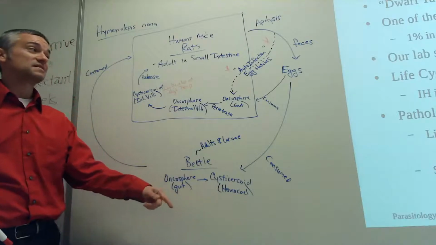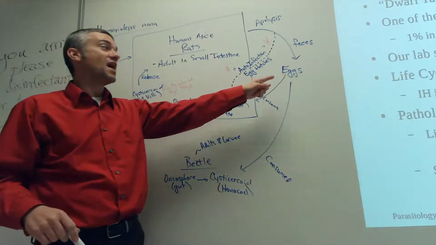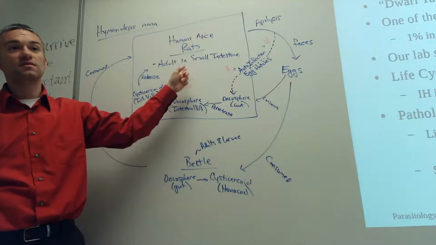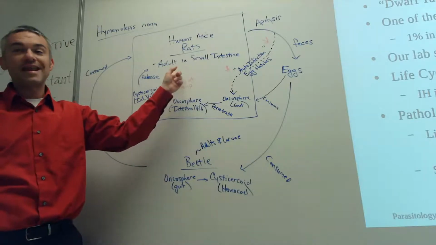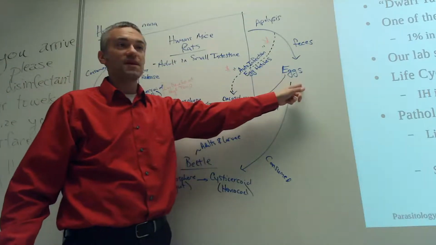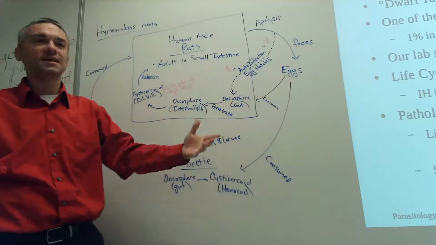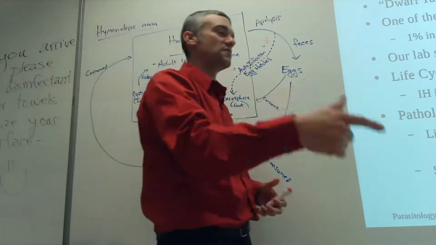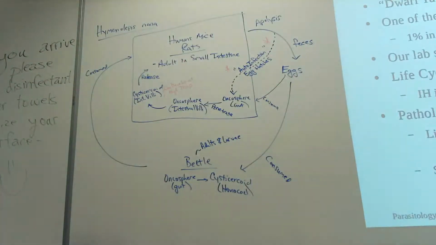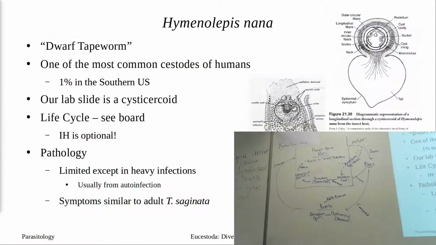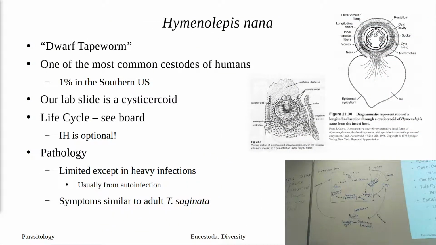And we don't even necessarily need to rely on the eggs getting out, but if we increase our population through autoinfection, now we're increasing the number of eggs that get out in the environment, which then increases its transmission to a different host. All right, so the intermediate host is optional in this life cycle. We don't necessarily see it.